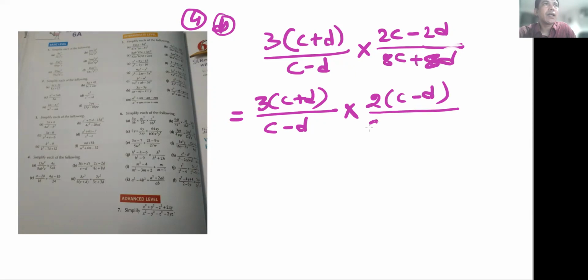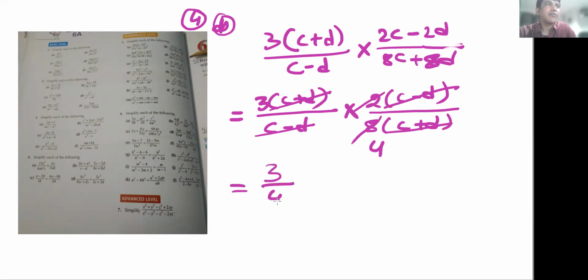Same here, 8: 8 into C plus D. Now see, C minus D is there, so we will cancel them, and this will get cancelled as well as the bottom ones. So the result is 3 by 4. Is it difficult? No, not at all.